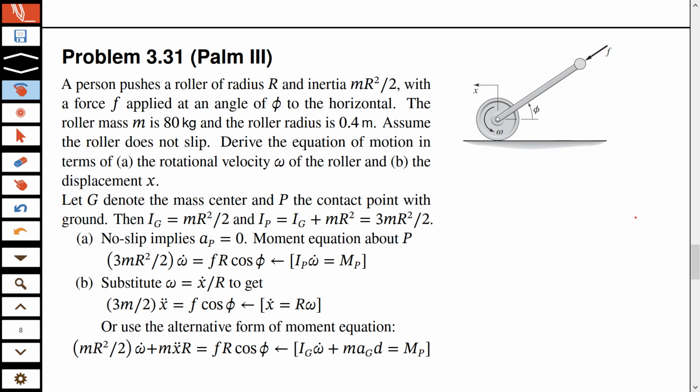Let's move on to a problem now. So you have a person who pushes a roller of radius r and inertia mr squared by 2. So inertia दिया हुआ है.